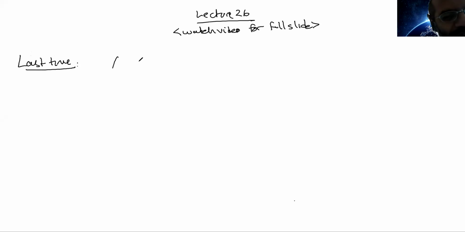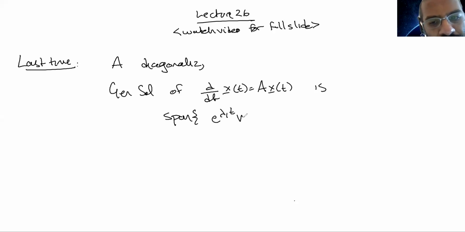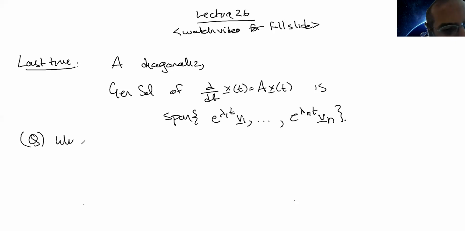We said that if A is diagonalizable, then the general solution of this system of ODE is the span of these functions, which are exponentials with the constants being the eigenvalues, and they're all parallel to the eigenvectors.